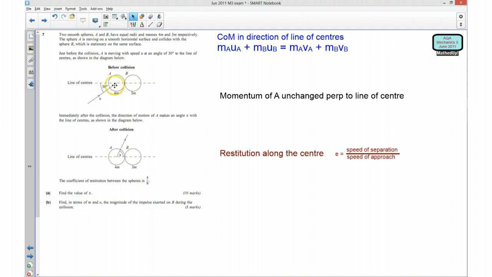So along this line momentum is going to be conserved. We're also going to take into account that the momentum of A is unchanged perpendicular to the line of centres. So in this direction the momentum of A is going to stay the same.